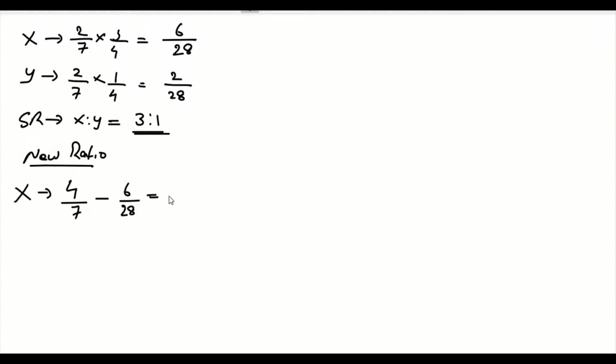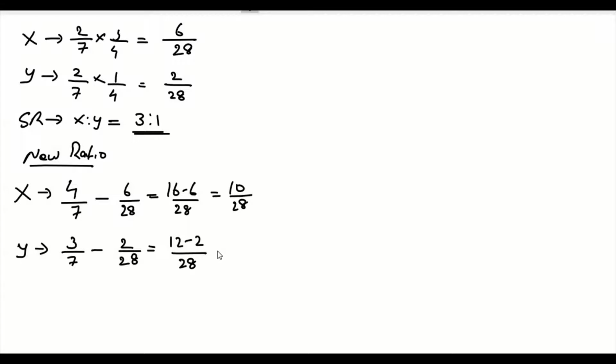That is equal to 16 minus 6 over 28, which is equal to 10/28. Then we have Y. For Y, it is 3/7, his original share, minus his sacrifice 2/28, which is equal to 12 minus 2 over 28, and that gives 10/28.